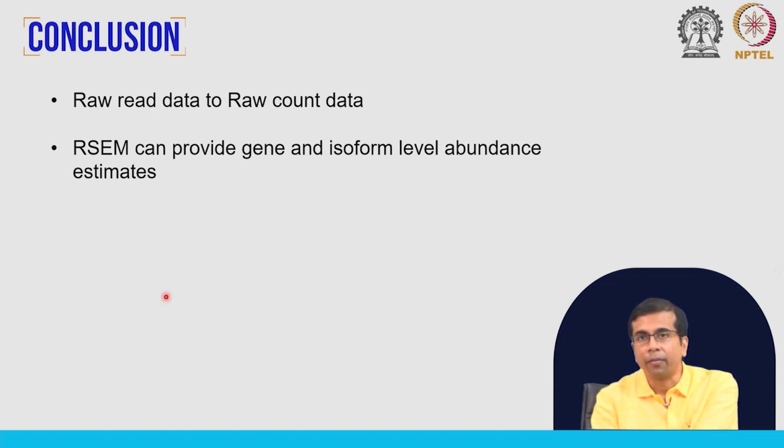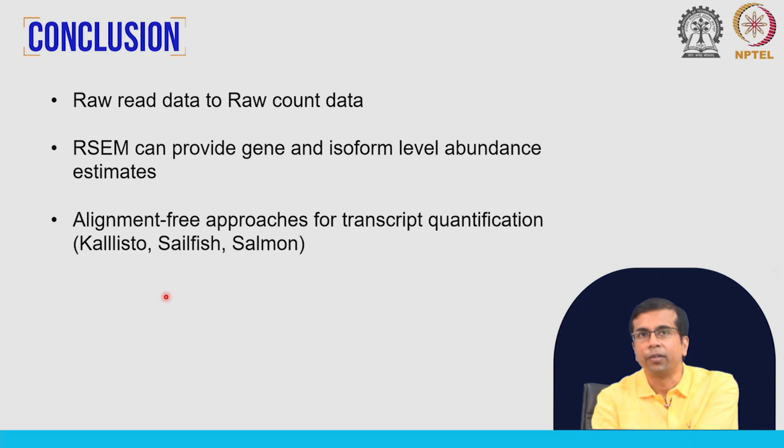We then talked about some of the alignment-free approaches. For transcript quantification, we talked specifically about 3 tools: one is Kallisto, the other one is Sailfish, and the third one is Salmon. These tools do not require any alignment, so they can go from the read data to the quantification directly. There is no mapping or assembly step; it jumps over the mapping part.